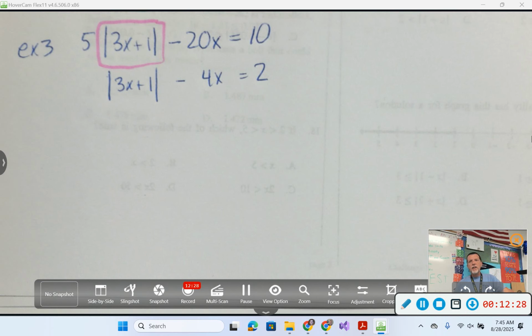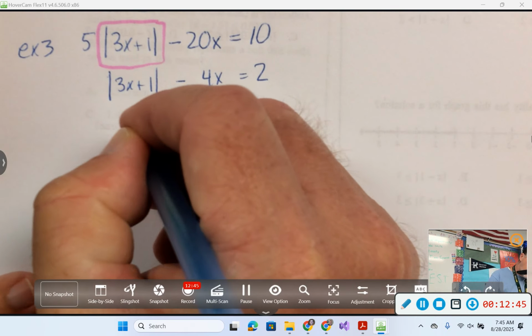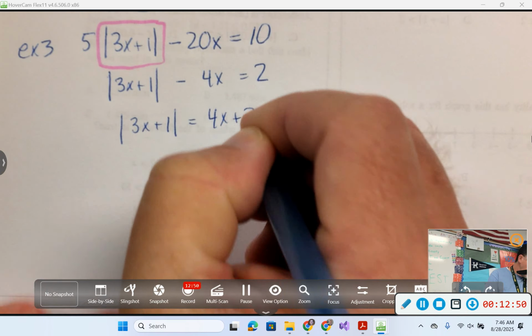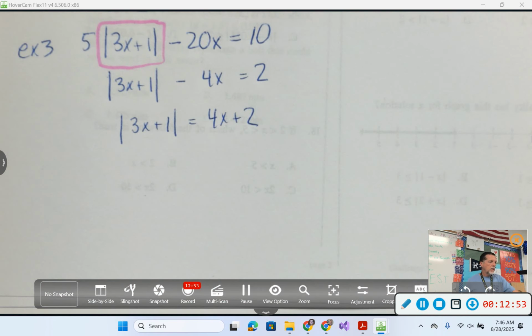Divide everybody by 5. That simplifies the whole equation. Still trying to get the absolute value chunk by itself, so what should I do next? Plus 4x. Good. Add the 4x over. This one definitely looks weirder than the others because I've got x's on both sides.